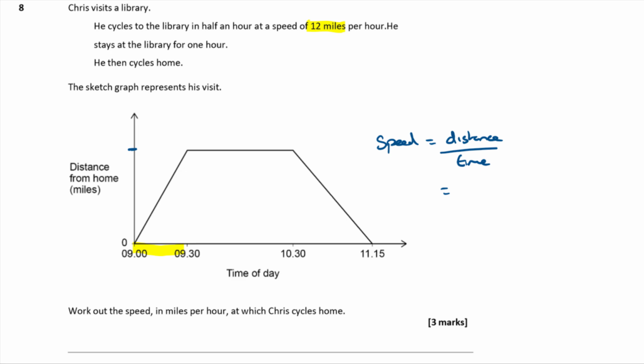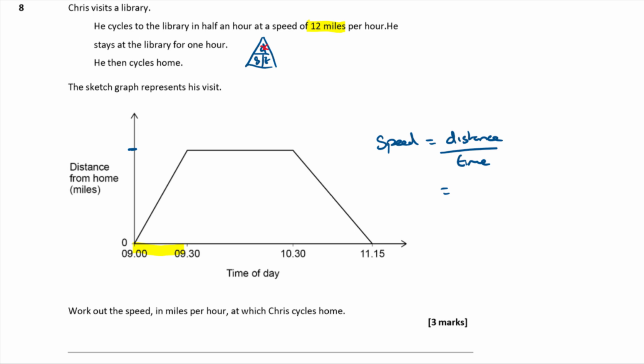Okay, so we're going to actually do this in two goes then. So we're going to have to use speed, distance, time to find the distance travelled he originally went, and then we use that in our second calculation. So the DST triangle kind of helps us rearrange this formula. So first off, we want to know the distance. So if we cover up the thing we want to find, the D, it tells us what to do with the other two.